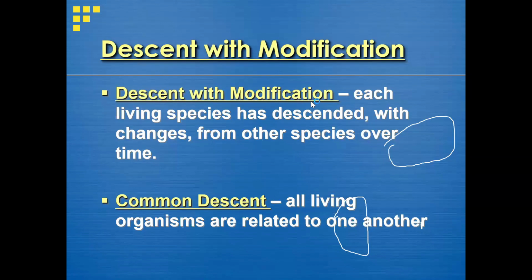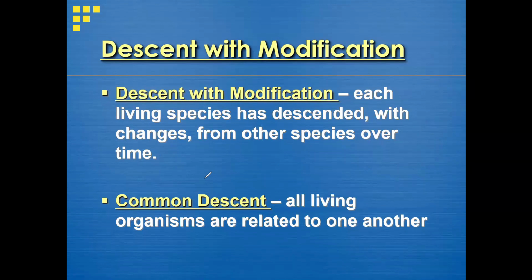So now, descent with modification. Descent with modification: each living species has descended with changes from other species over time. So it means that each living organism on Earth is a descendant of, or came from, its original ancestor, but with some modification.